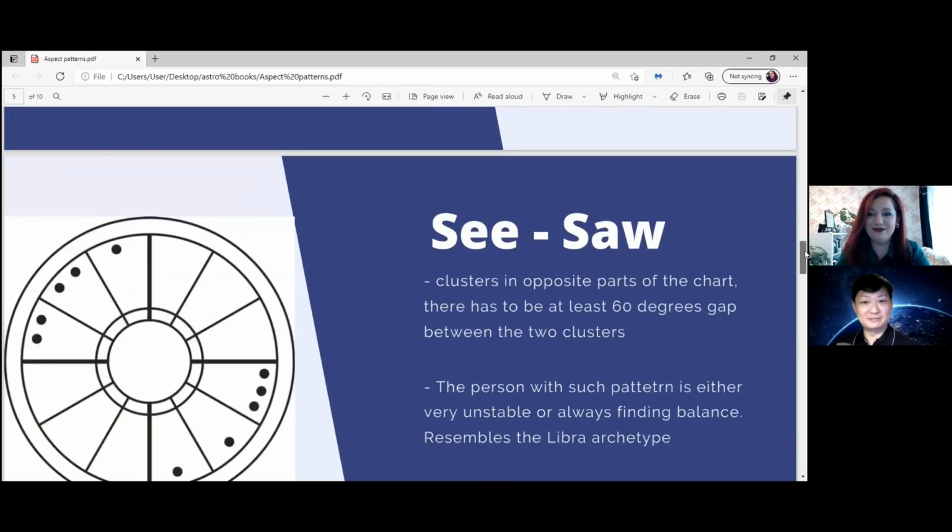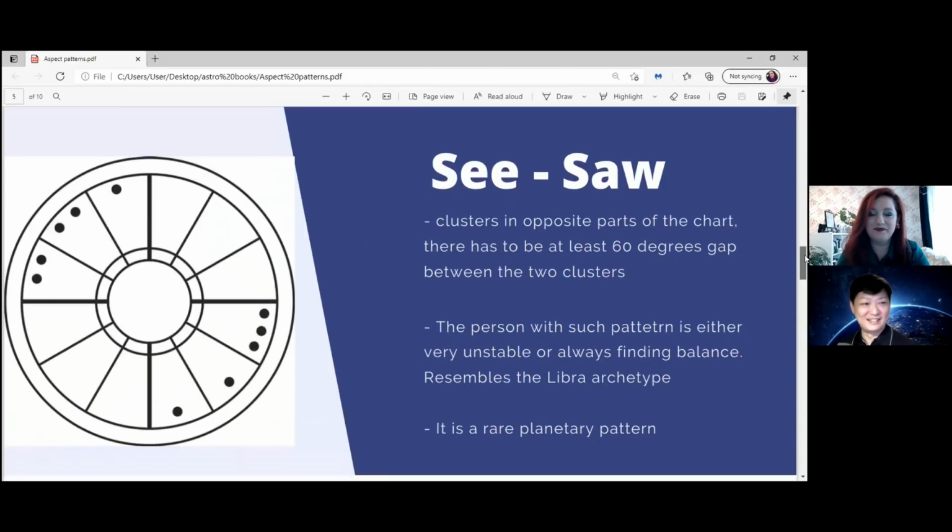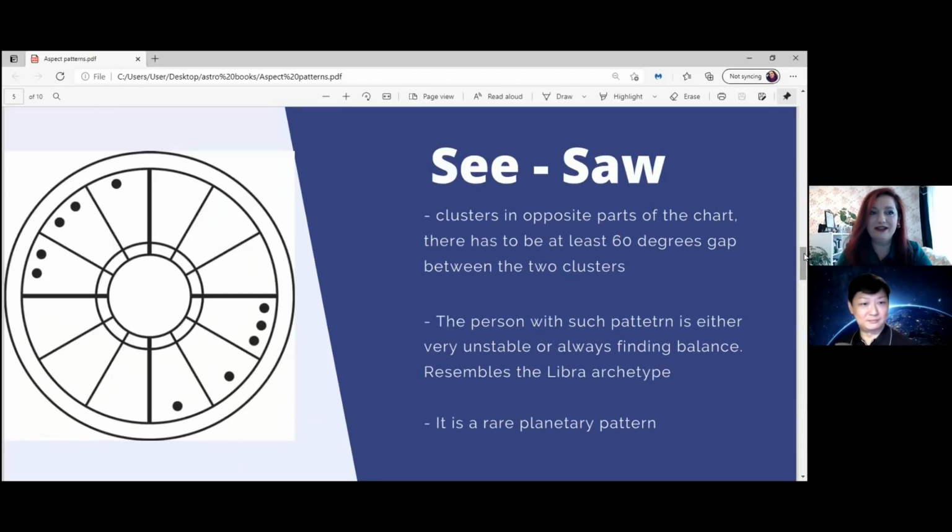Then we have the Seesaw. Of course, it's a very Libra-like pattern, as we can imagine, because it's going from one side to the other. We have planets clustered on one side of the chart, and then in opposition. There has to be at least one opposition for this type of chart. And usually it's easy to see because they're just opposing planets from both sides of a chart.